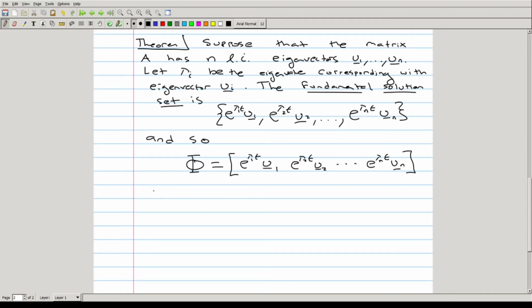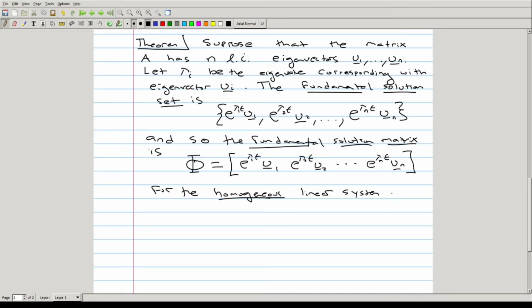For the homogeneous system, psi prime is equal to A xi.